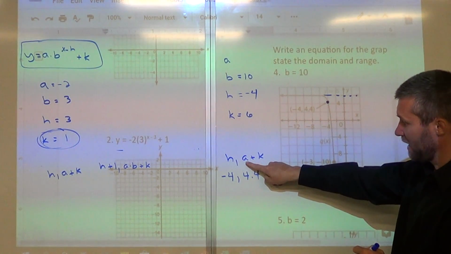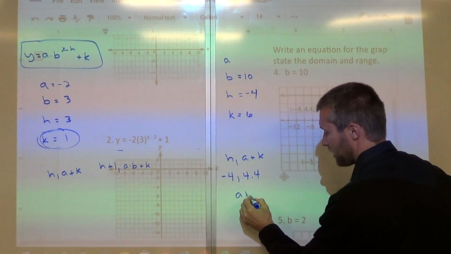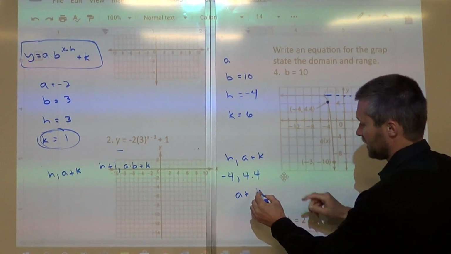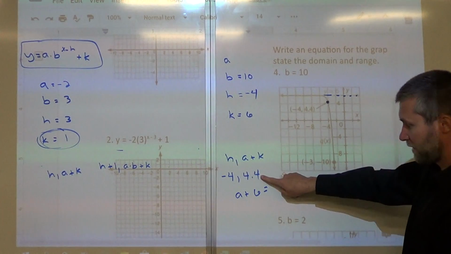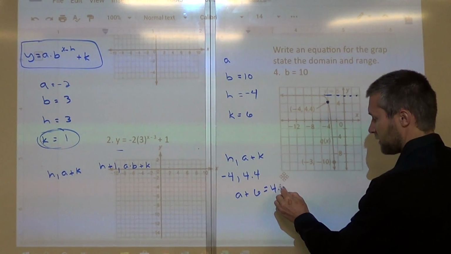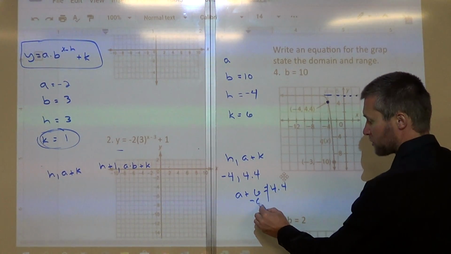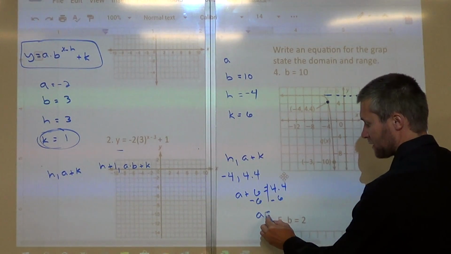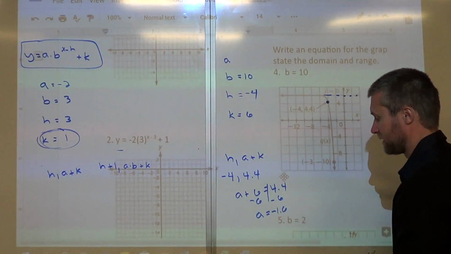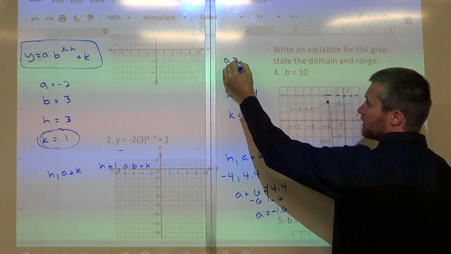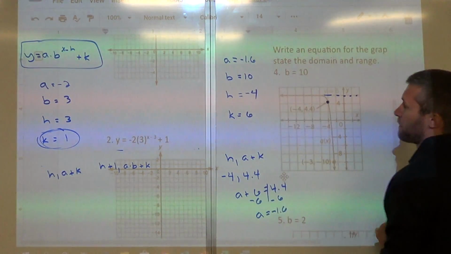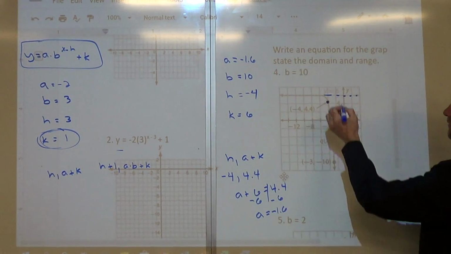My A value plus my K value of 6 should equal this value of 4.4. So all I have to do is subtract 6, and A is equal to -1.6. Okay, so now we can write the equation.